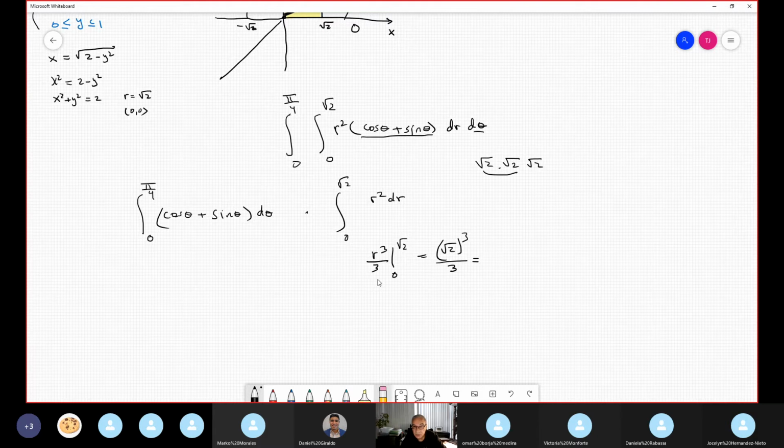And radical 2 times radical 2 is 2, right? So 2 radical 2 over 3. At least that is the answer for that part. The answer for the second part is no big deal.